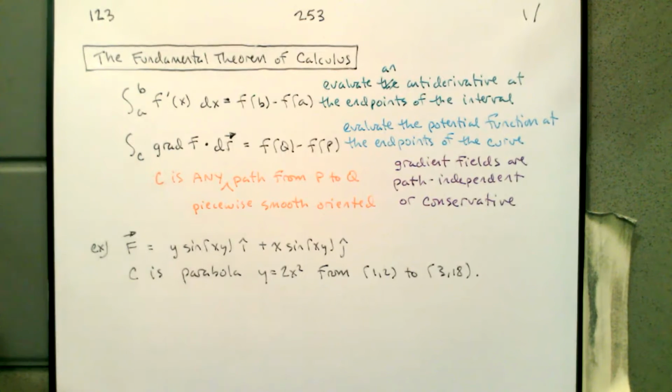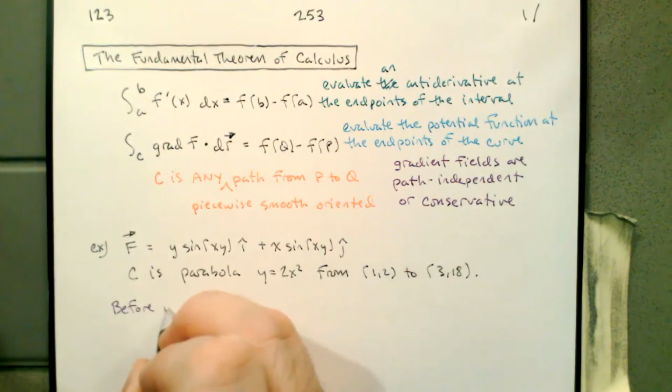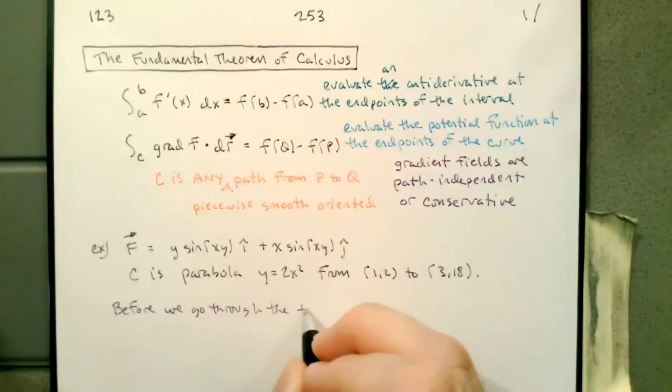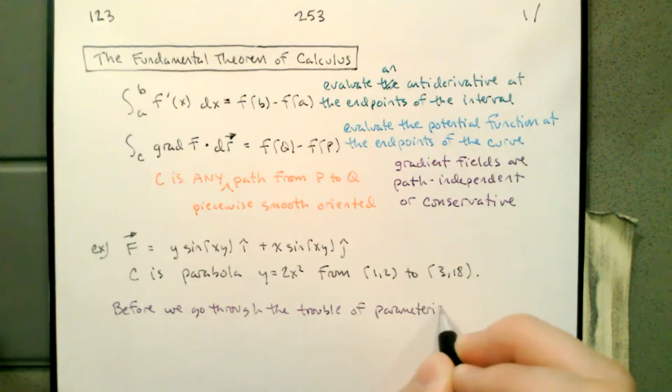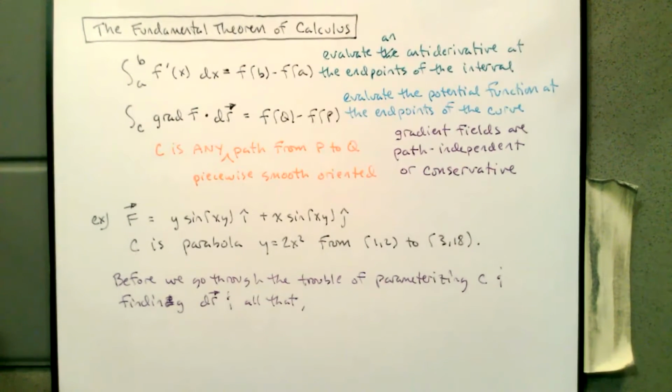So we're going to ask ourselves, before we parameterize the curve and calculate the line integral, so this is the thinking before we go through the trouble of parameterizing C and finding dr and all that, let's check if f is path independent.